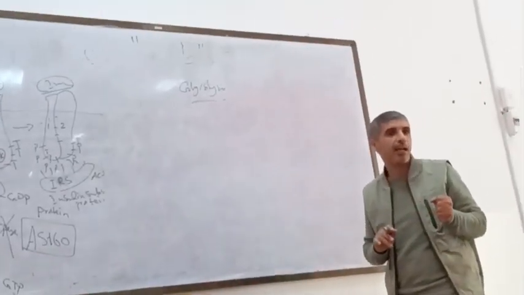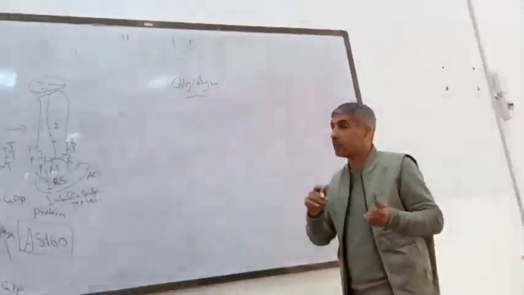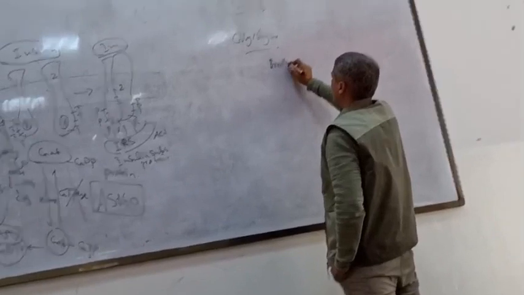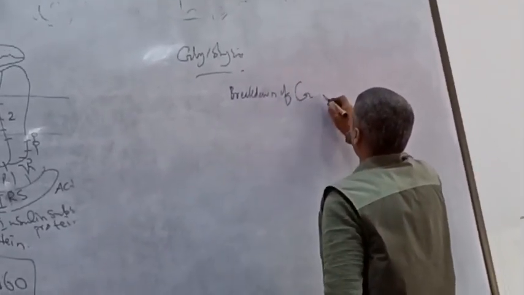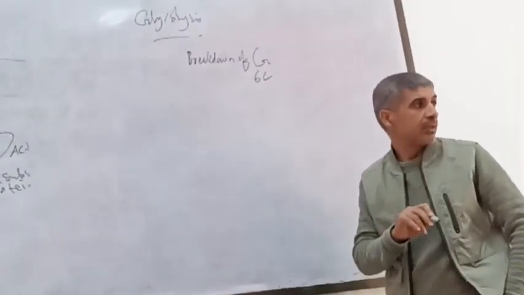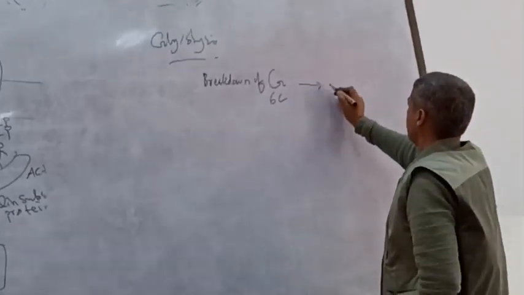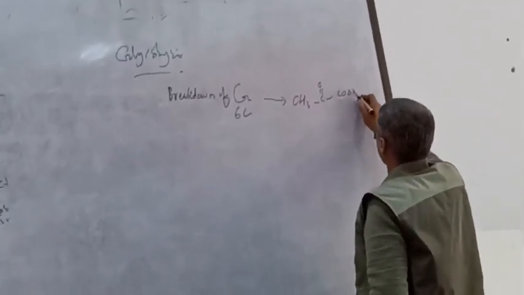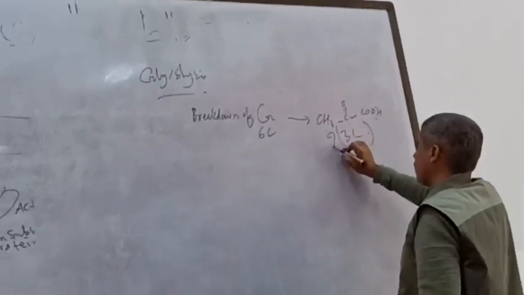Glycolysis is the breakdown of glucose to two molecules of pyruvate. Glucose is a hexose, a 6-carbon sugar, broken down to 2 molecules of pyruvate, each with 3 carbons.